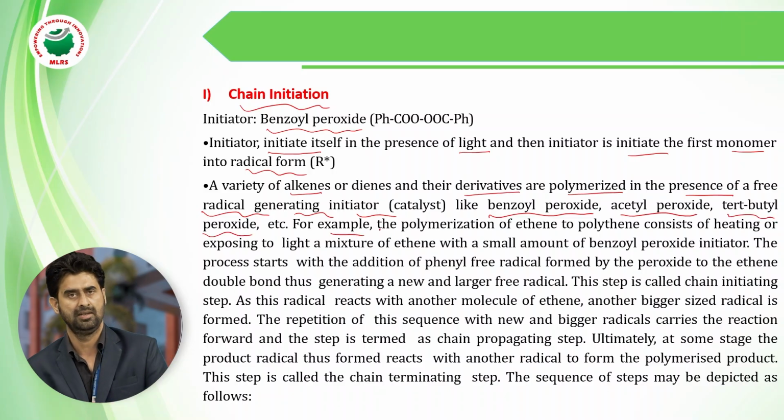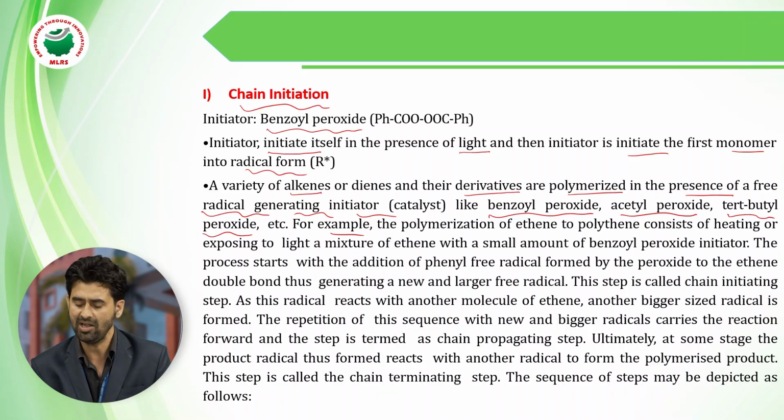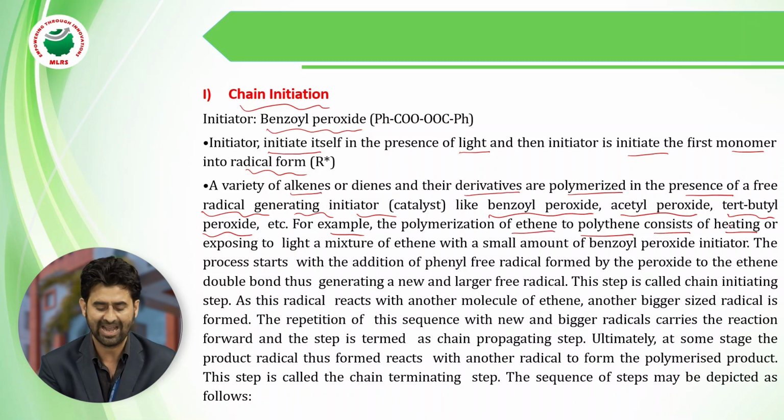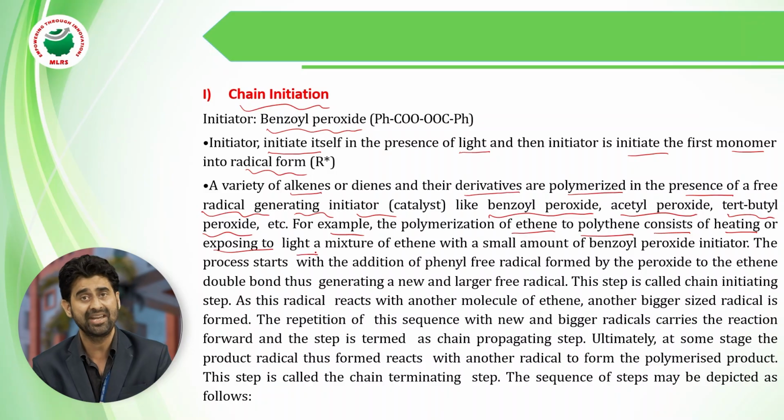For example, the polymerization of ethylene to polyethylene consists of heating or exposing to light a mixture of ethene with a small amount of benzoyl peroxide. Benzoyl peroxide here is used as an initiator in the presence of light to combine different monomers of ethene to form the polymer that we call polyethylene.